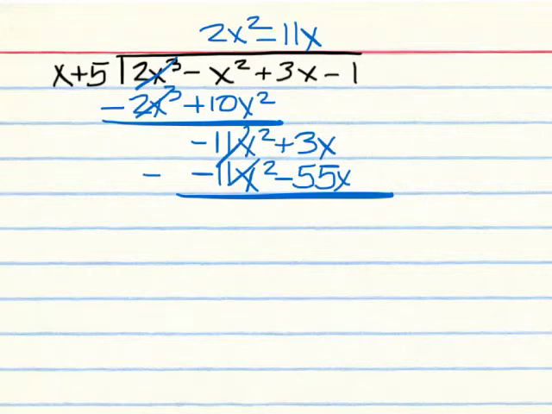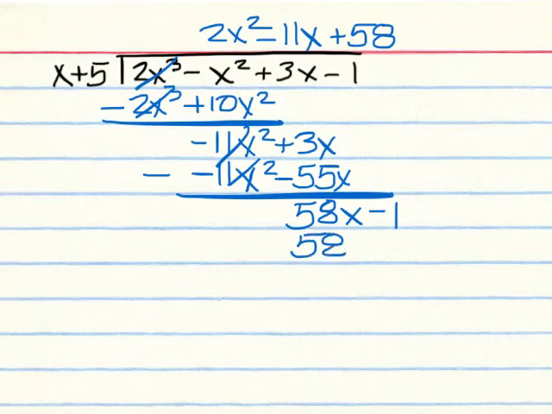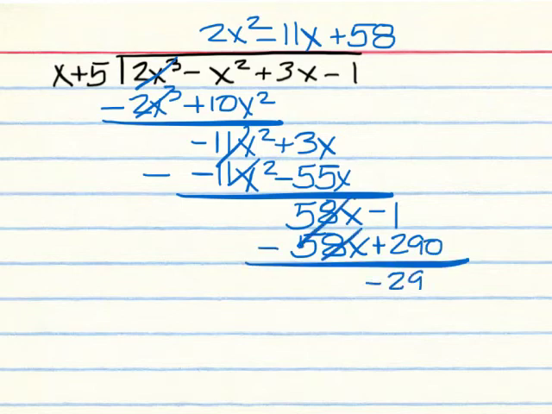Cancel, and you're left with 58x. Drop the minus 1. And you'll need a plus 58 on the top, so you can have 58x, and that'll be plus 290. Subtract, cancel, and you should have a negative 291 left over.